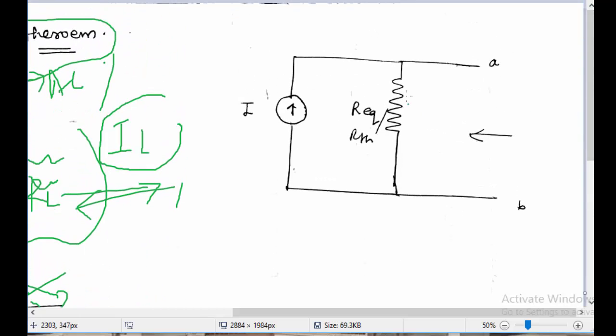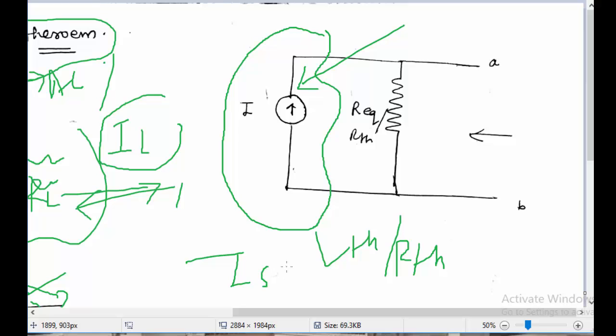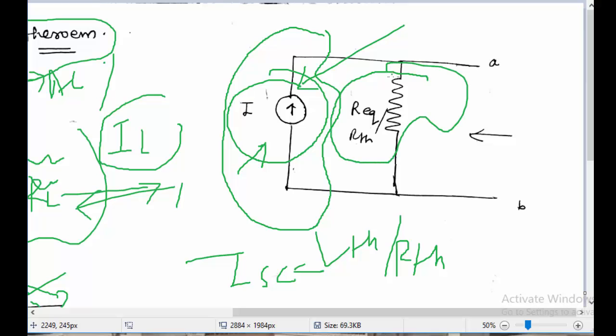Once you have found the Thevenin's network, it is possible to replace the voltage source by a current source, and you can do that by VTH upon RTH. This will give ISC or I Norton, which replaces the Thevenin's voltage source by a current source.